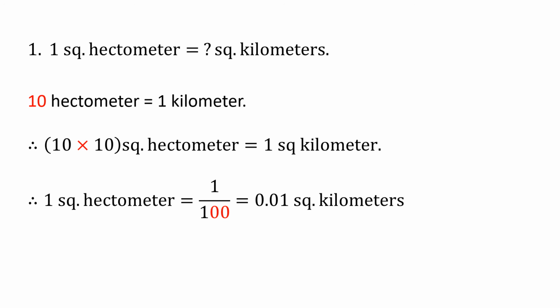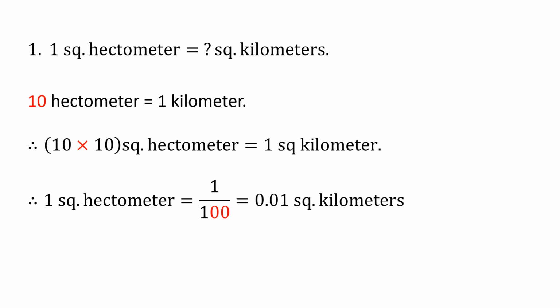Or what you can do is remember 10 hectometers equal 1 kilometer and square both sides. 10 squared means 100 square hectometers equal 1 square kilometer. You can also do that. So 100 square hectometers equal 1 square kilometer, then 1 square hectometer equals 1 divided by 100 square kilometer. Either you can do this one or that one, but for beginners this one is the best.